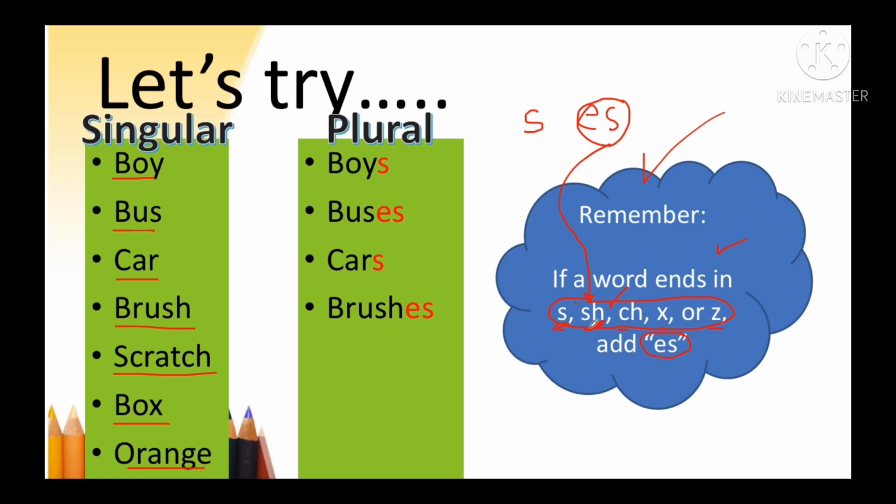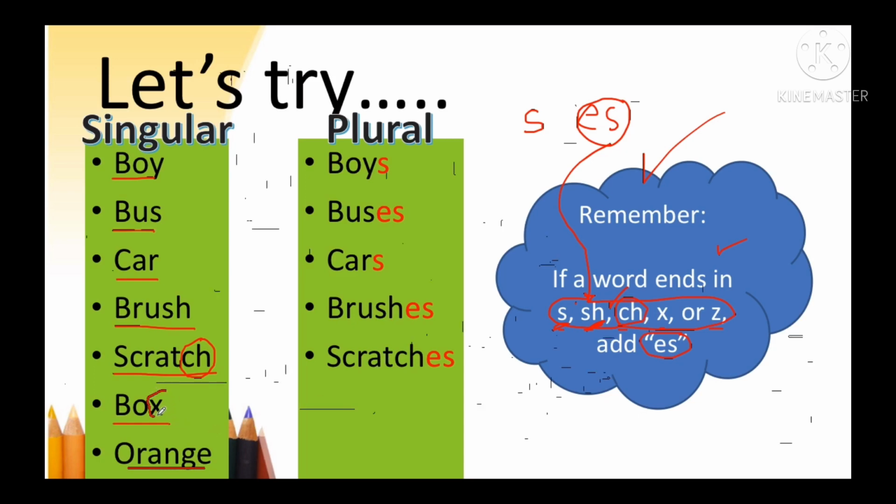Okay, next one. Scratch. The last two letters are CH. And CH is part here. So we will add ES also. So scratches. Next, box.